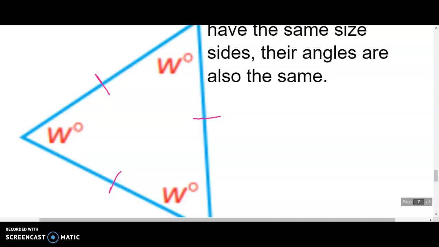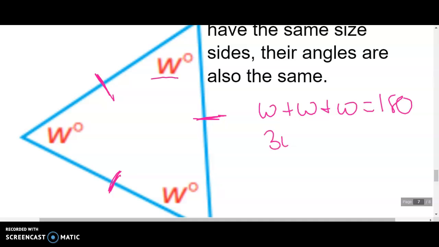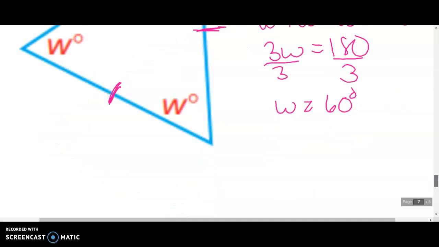But we also know that equilateral triangles that have the same sides have the same angles. So in this case it's W plus W plus W equals 180, 3W equals 180, divide both sides by 3, and we get W equals 60 degrees.